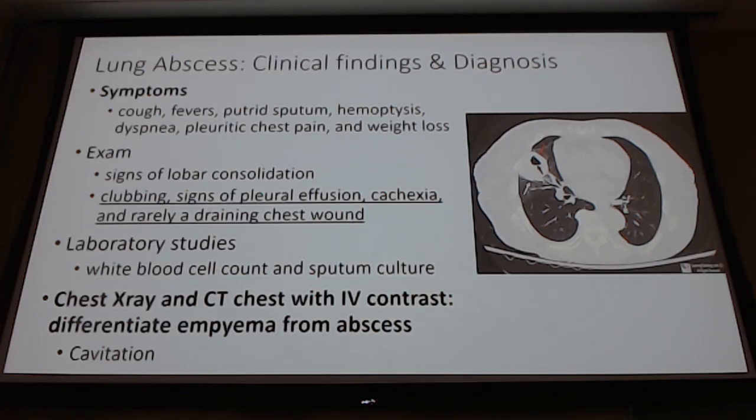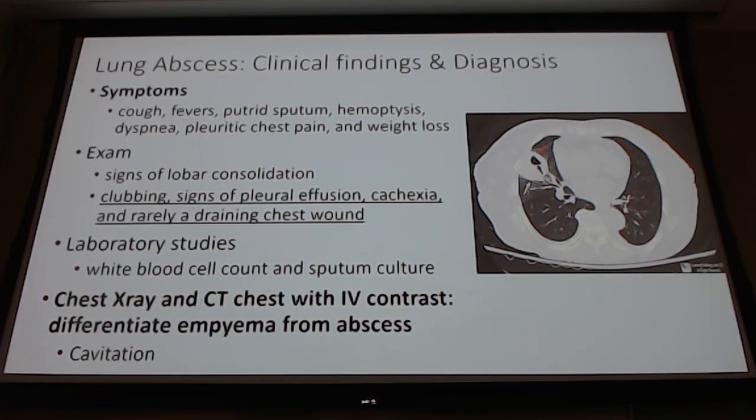You'll have consolidation, it may have a fluid level, clubbing, and pleural effusions, so it may be in conjunction with a pleural effusion, which is why CTs are really good. Cachexia, and rarely they can erode through the chest wall, and you may actually have a draining chest wound.